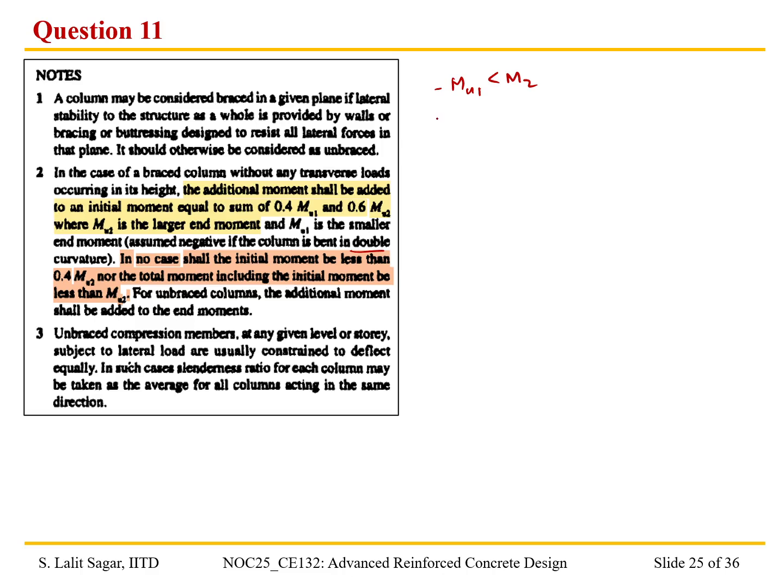I'm going to call it Mux. So Mux is 0.6 Mu2x minus 0.4 Mu1x. We need to consider a factor of these values. I'll erase and write it down.